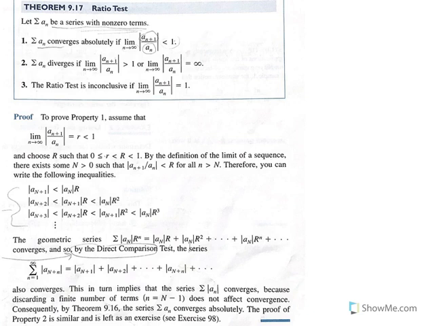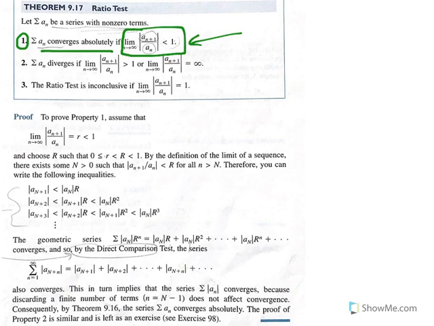We would now like to take a look at the proof of property number 1 of the ratio test. So we have a series with non-zero terms, and we'd like to show that the series converges absolutely if we determine this limit to be less than 1.